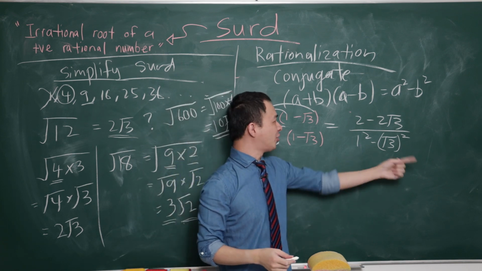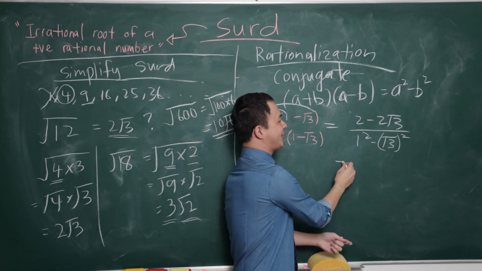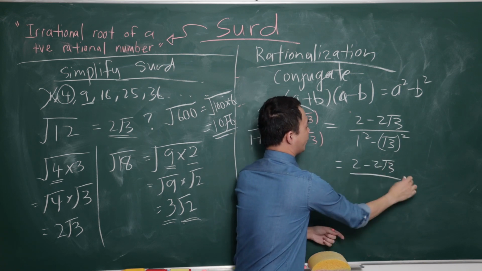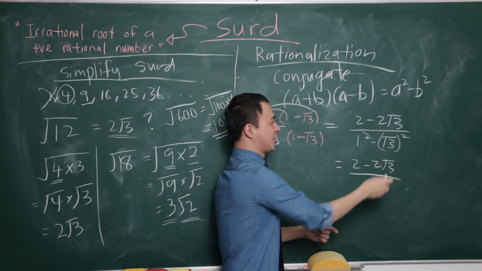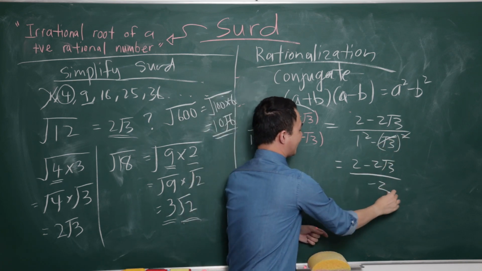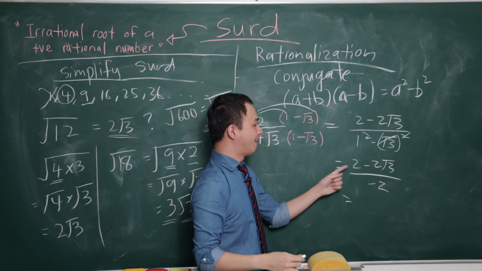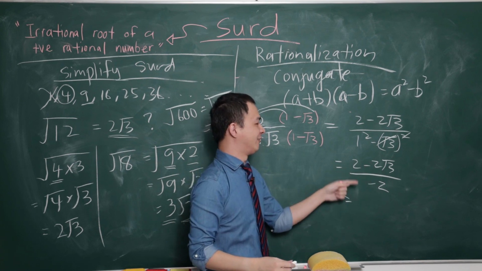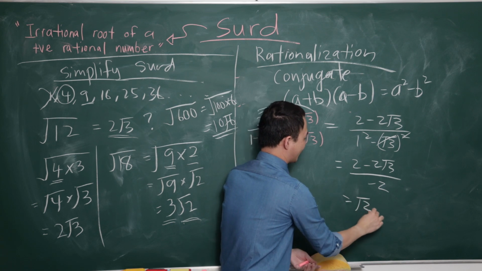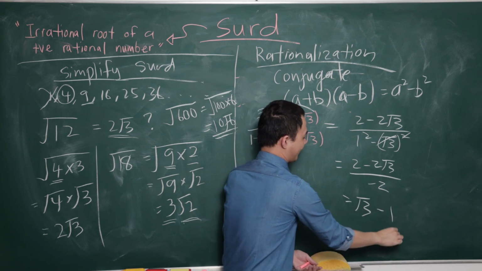Alright, then for the denominator over here, I can simplify it, isn't it? So 2 minus 2 square root 3 over 1 minus 3, because square and square root I can cancel out. I get negative 2. And then I can simplify further by factorizing out the 2 and then solving the negative thing again. So you will get square root 3 minus 1.